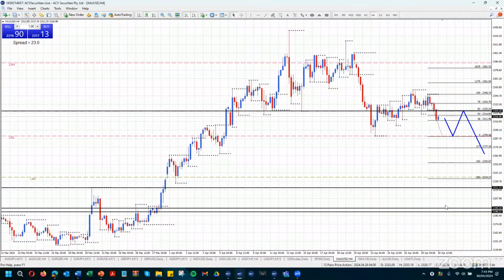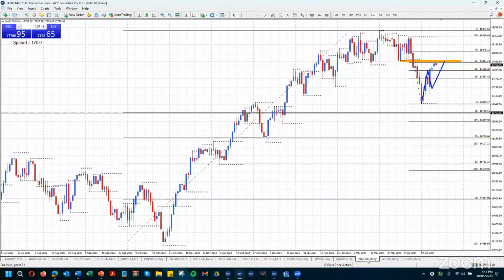All right, Azu, you want me to look at the Nasdaq? It's at the level. This is how I mapped it out last Thursday. So you asked me what I thought. That's what I thought would happen. So it actually did come down. It's come up to here, and that's where it held yesterday.